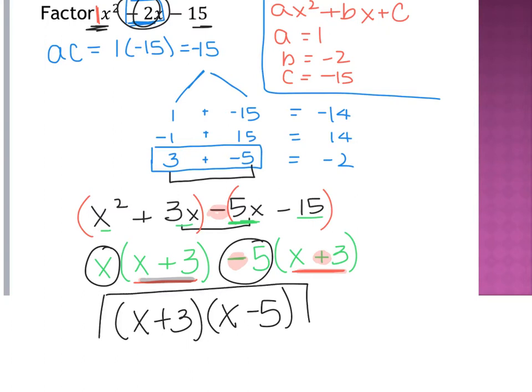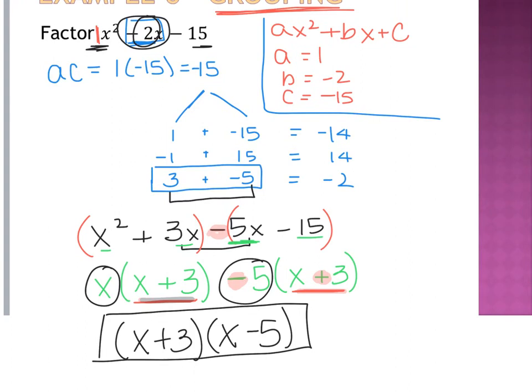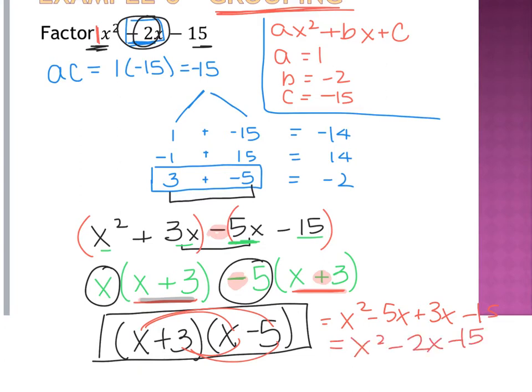So this right here is actually going to be the correct factors to my original problem of x squared minus 2x minus 15. You can double check that if you want to. If you distribute this, we have x squared minus 5x plus 3x minus 15, and when you simplify, x squared minus 2x minus 15.